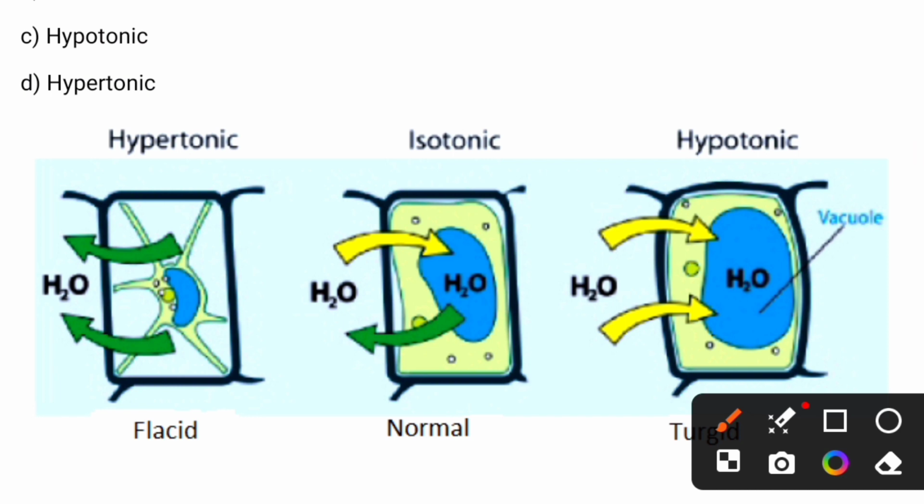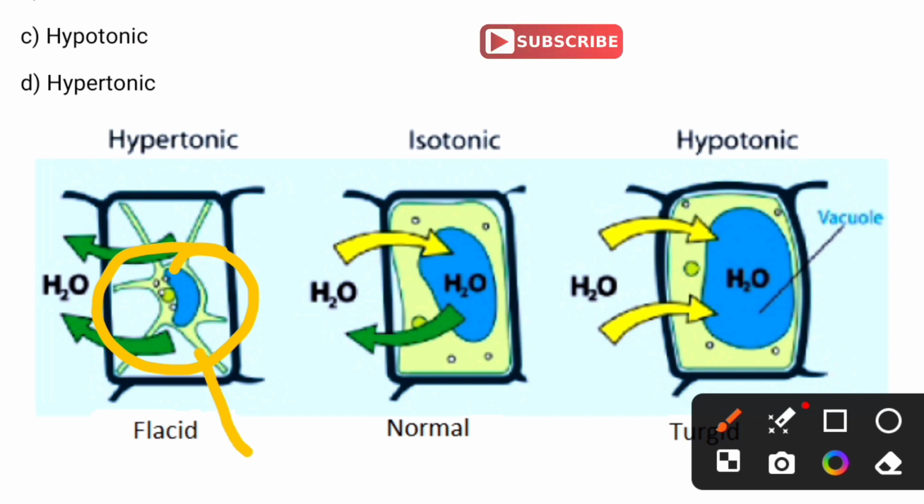Actually the cell sap is stored in the vacuole. So in the first diagram, the vacuole will get shrunk, that means the water is lost from the cell. Then what happens? The plasma membrane shrinks inwards.